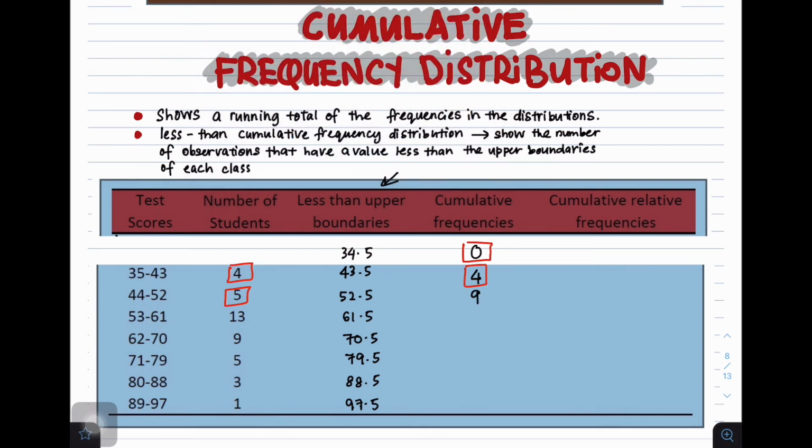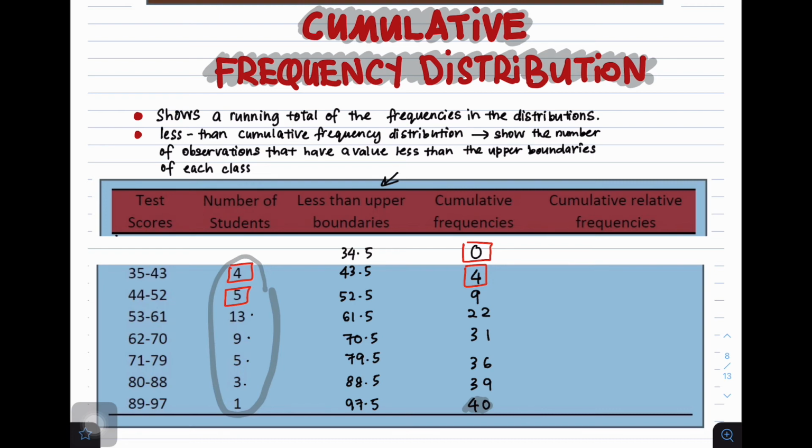And then 9 plus 13 is 22 here. 22 plus 9 is 31 here. 31 plus 5 is 36 here. 36 plus 3 is 39 here. 39 plus 1 is 40 here. And the 40 that you have here actually represents the total number of your frequency. Your frequency here is equal to 40. That's why we call this a cumulative frequency.